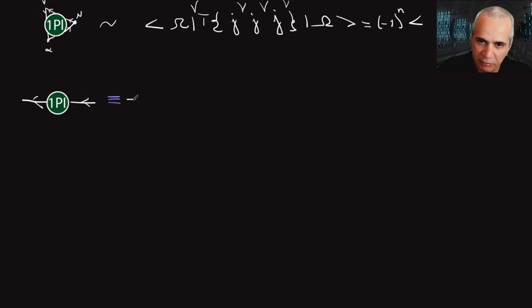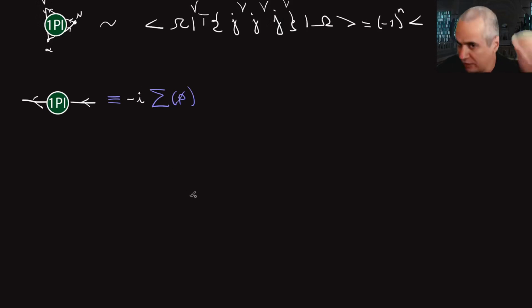So this guy I'll baptize as -i times sigma of p slash, right? So this sigma is essentially this sum of 1PI diagrams, and I choose to give it a factor of -i. This is consistent with most books, but it's the notation from Peskin, right?